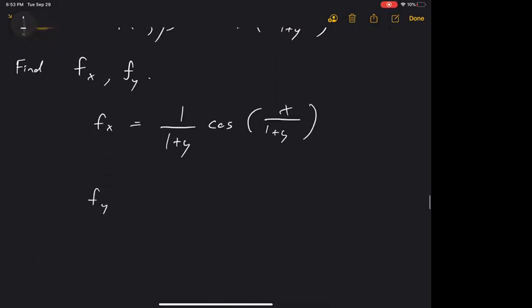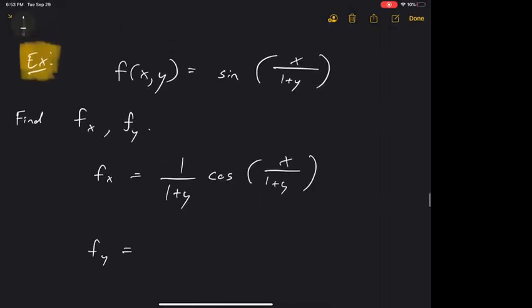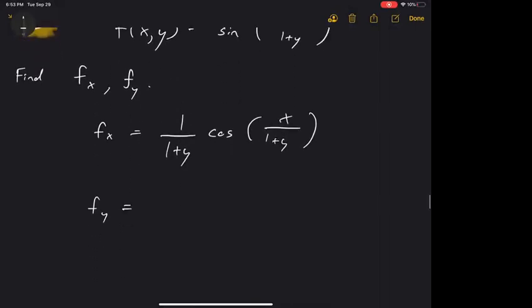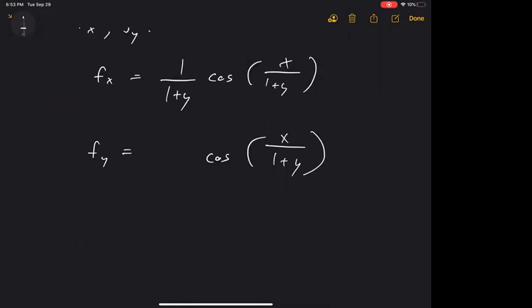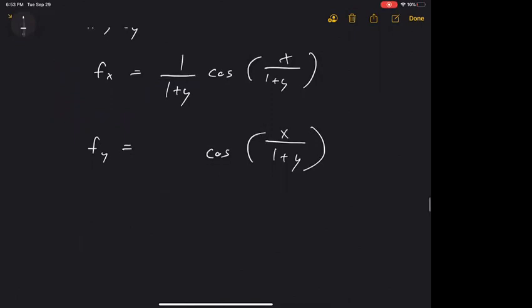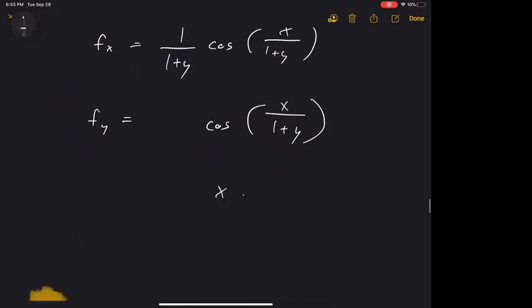How about f y, f sub y? Again, it's basically chain rule. I'm differentiating with respect to y, treating x as a constant now. All right, so I differentiate the sine to get cosine, and then I need to multiply by the derivative of what's in here. Well, if I'm differentiating with respect to y, what is the derivative of this? That stuff inside I could basically write as x times 1 plus y to the negative 1.